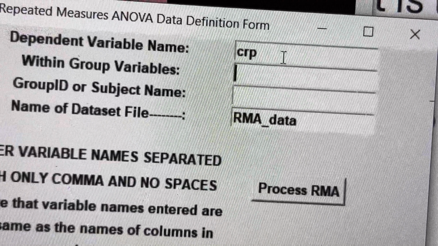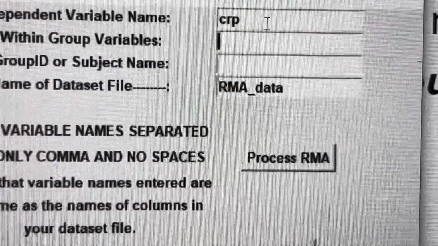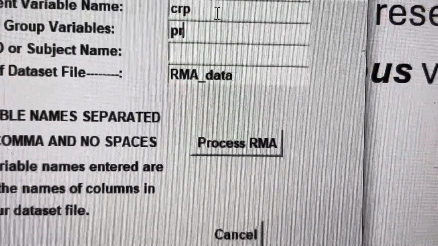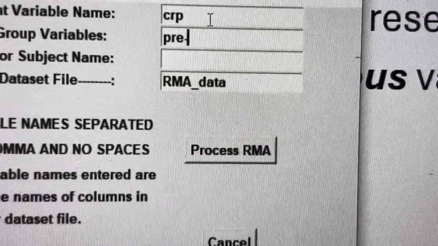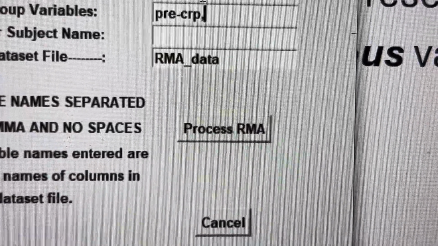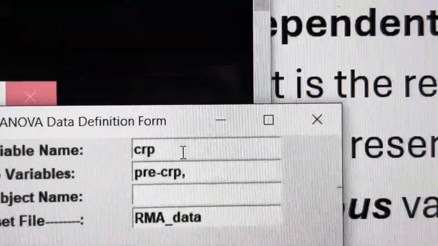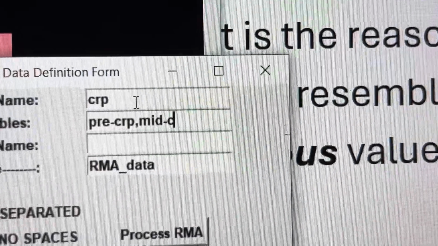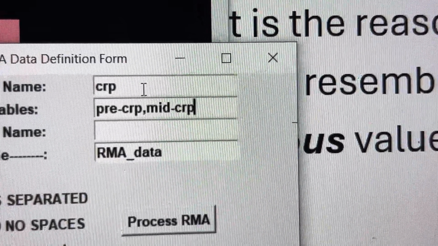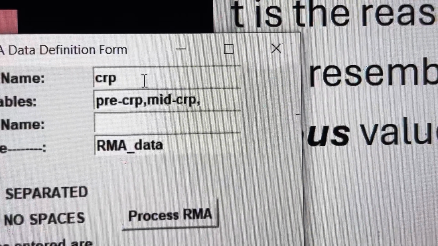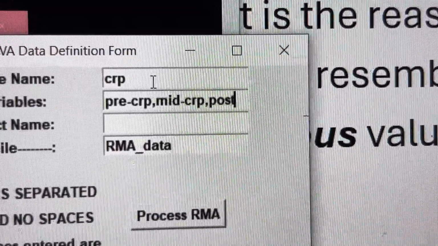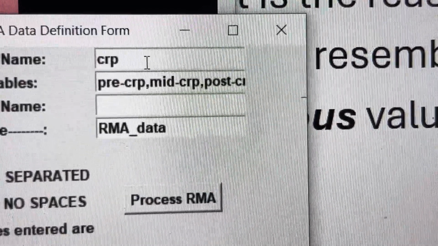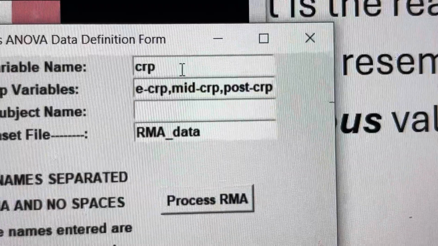Then the independent variables as within group variables are pre-CRP, then mid CRP, then post CRP. And that's it.